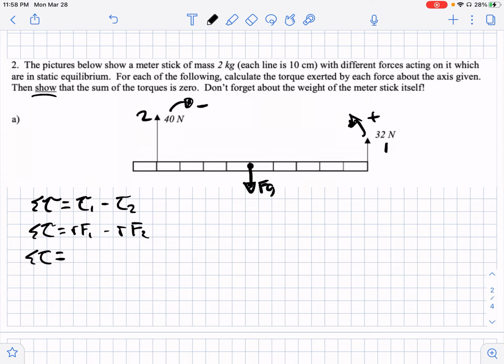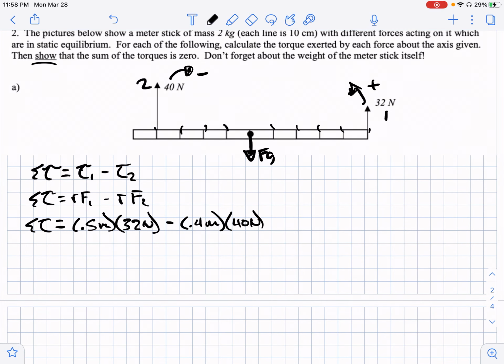So for the first one, we have 1, 2, 3, 4, 5. We got 0.5 meters times that force, which is 32 newtons, minus, now we got 1, 2, 3, 4, 0.4 meters times 40 newtons.